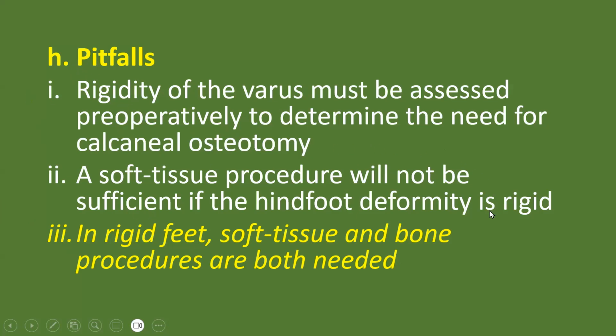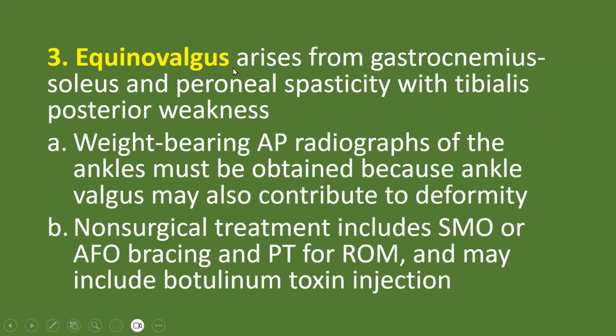If you have a calcaneovarus, as I mentioned, if it's a fixed deformity, you should do a calcaneal osteotomy. A soft tissue procedure will not be sufficient if the hindfoot deformity is rigid. In rigid feet, soft tissue and bone procedures are both needed. So you need to do it. In equinovalgus feet, you can do the Evans procedure.